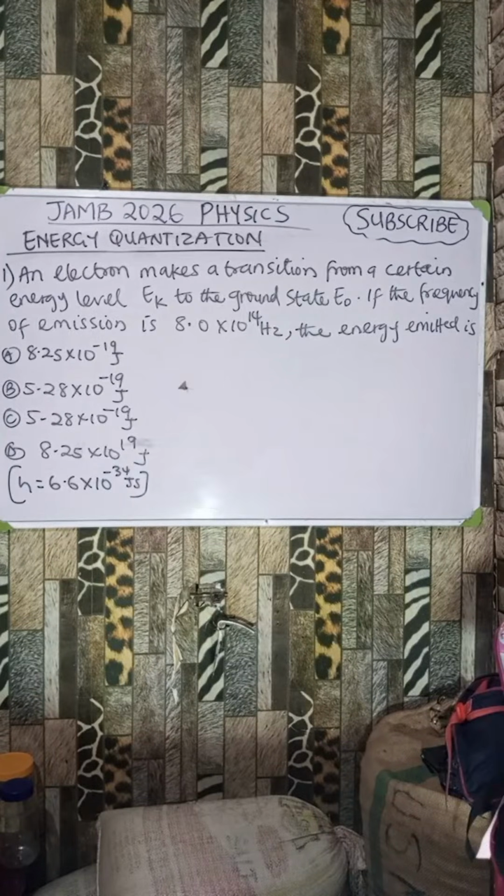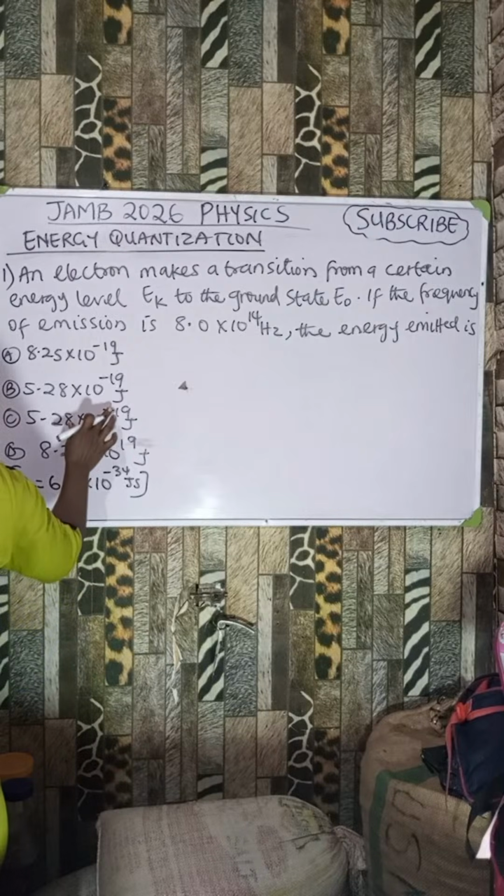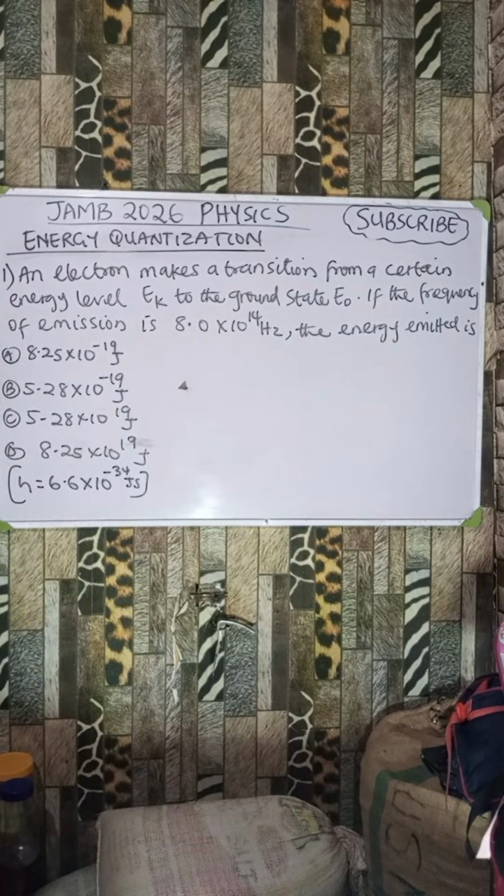The ground state for that E5 was not E0. So it can jump from any level to a higher energy level and return back to its original energy level. Do you understand? Oh, okay, minus 19, minus 19. This one does not have minus, please. I hope that is clear. Thank you so much for that observation.